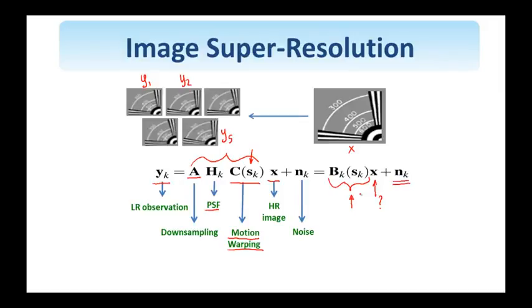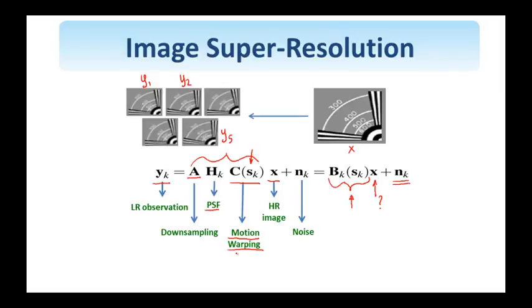Now, the motion parameters need to be estimated. The blur may or may not be known, so if it's not known, then we have a blind image super resolution problem. So it's clearly an inverse problem, a recovery problem, and any of the approaches we covered so far could be potentially applied to solving this problem.